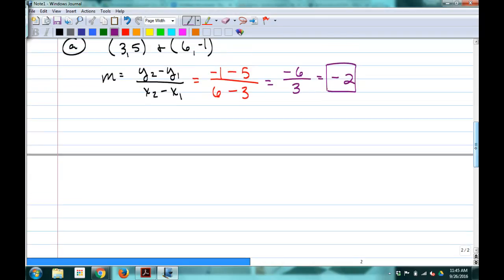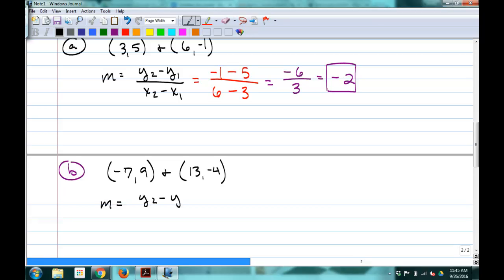Let's go back up. Example B. And say we had these ordered pairs: -7, 9, and 13, -4. Let's find the slope between those two. So M equals Y2 minus Y1 over X2 minus X1.